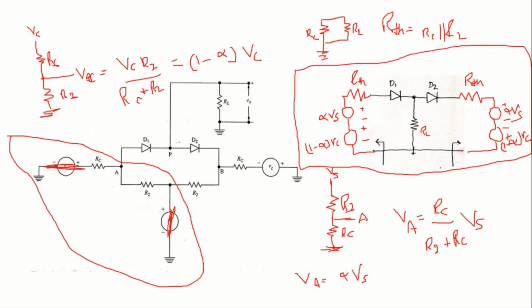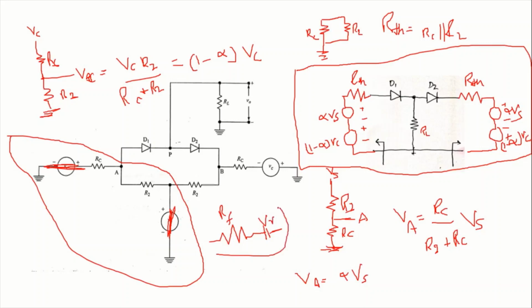And again, to further simplify, if we replace this diode with its piecewise linear characteristics, the diode can be indicated in terms of a series combination of a resistance, which is RF, the forward biased resistance, with a threshold voltage of V gamma.